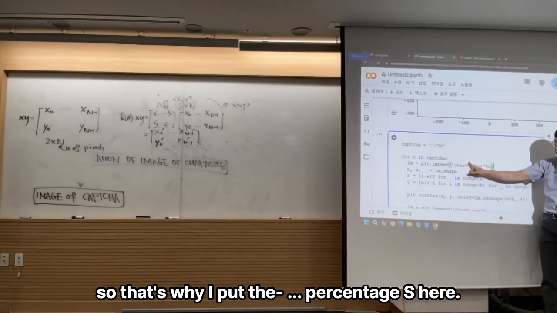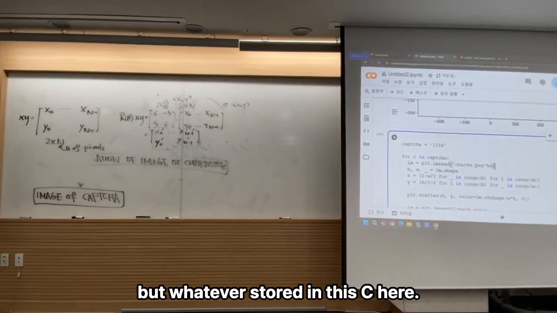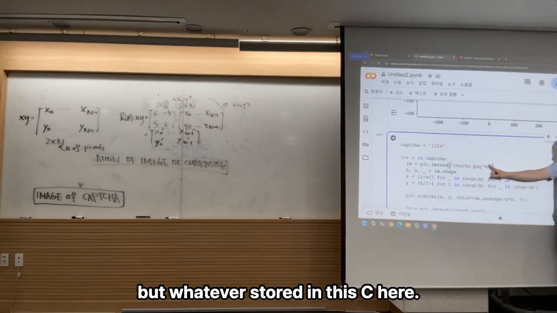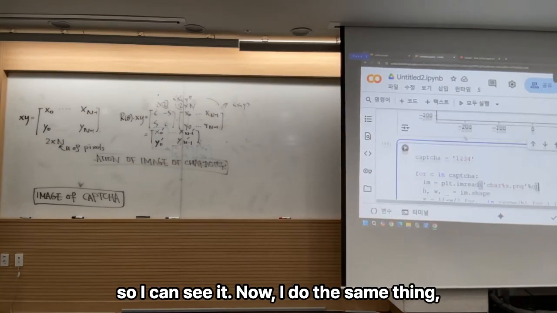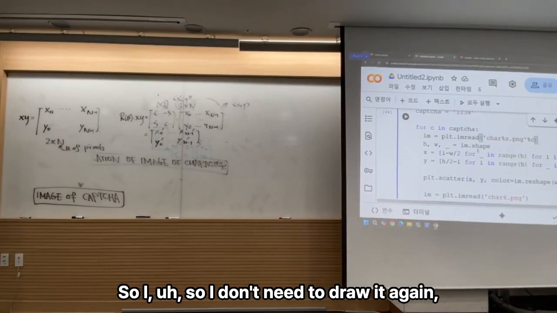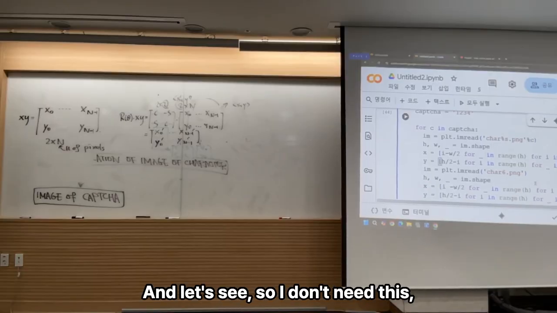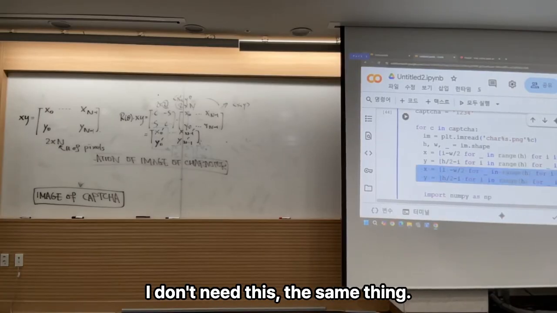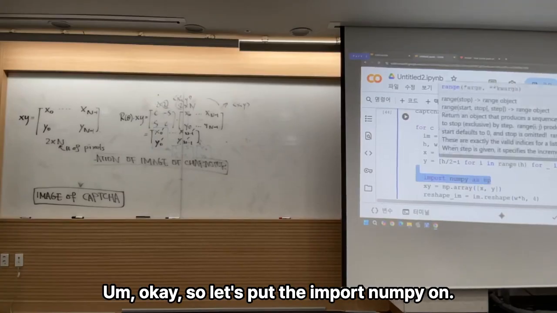That's why I put the percent s here. It will be replaced by whatever is stored in this C. Let me make it bigger so I can see it. Now I do almost the same thing here. I don't need to draw it again, so not drawing. I don't need this, it's the same thing. Okay, so let's put the import numpy.